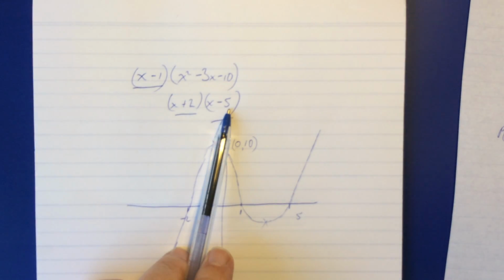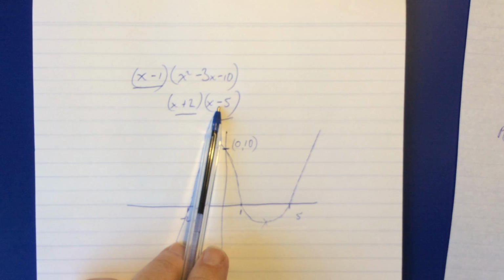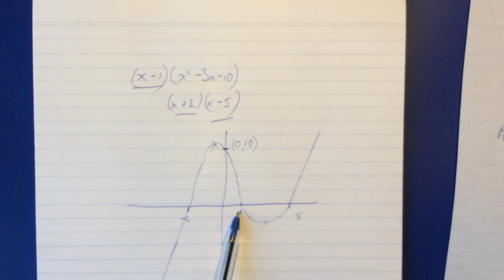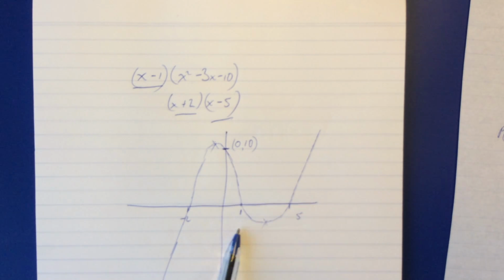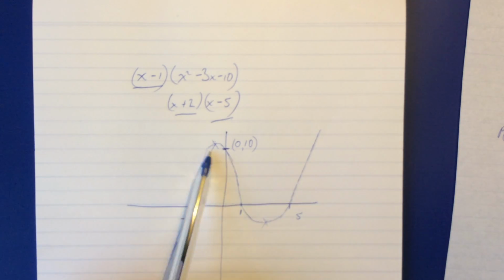Factorize this, and we get 2 linear factors. And these give us our points of intersection on the x-axis, and we already have our y-intercept. So we have the 4 points of interest for this cubic, minus the turning points, which of course is a subject for a further video.